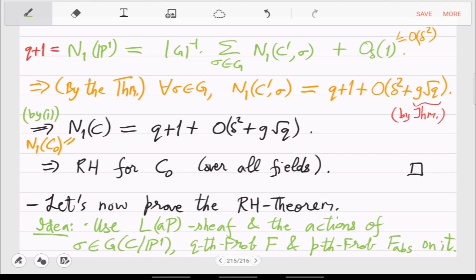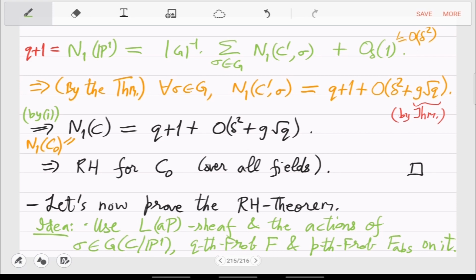So the L_A P sheaf, and what happens when we apply on these functions the automorphism sigma, Qth Frobenius F, or Pth Frobenius F absolute. So we'll basically set up a commutative diagram connecting various such L sheaves, and we will compare the dimensions and so on.